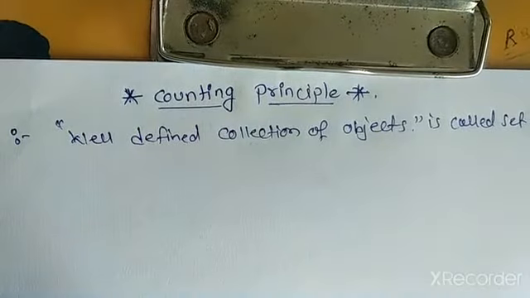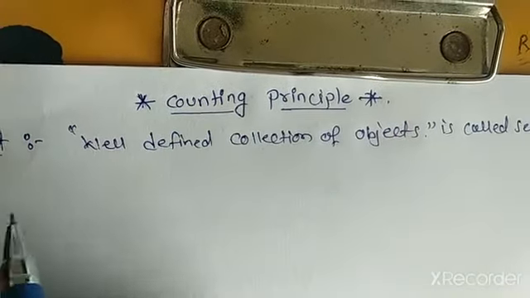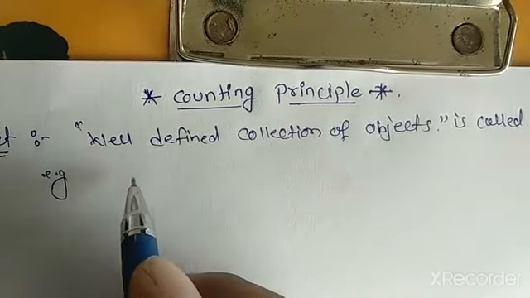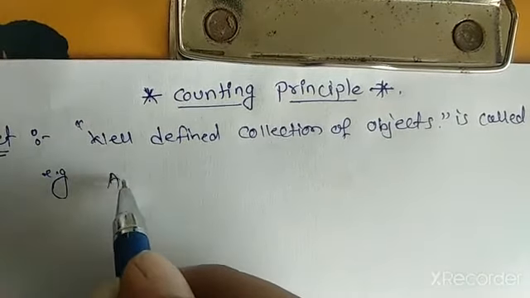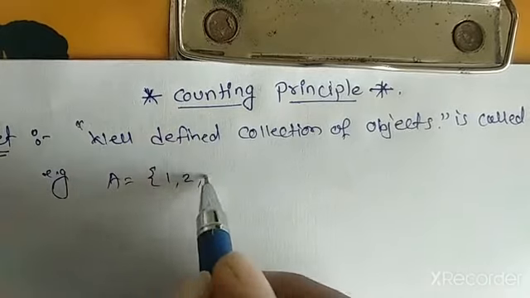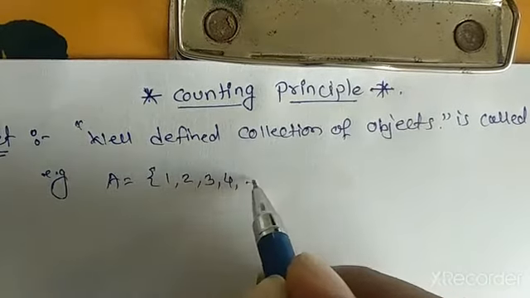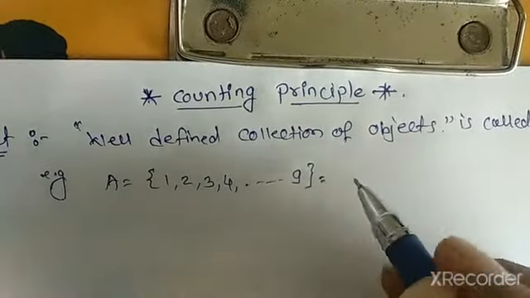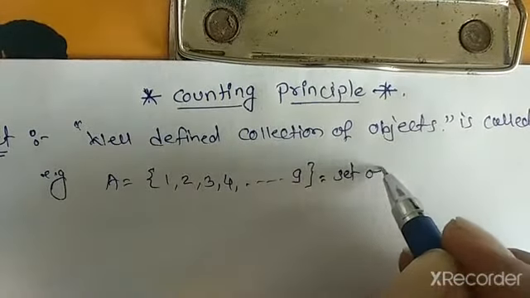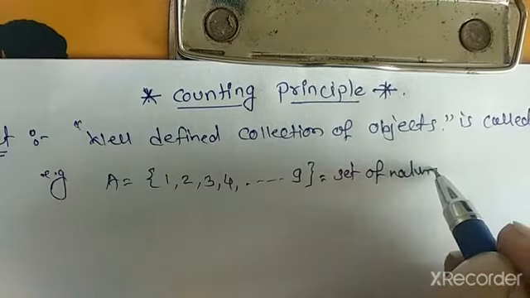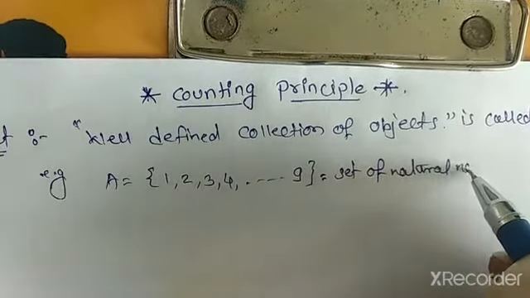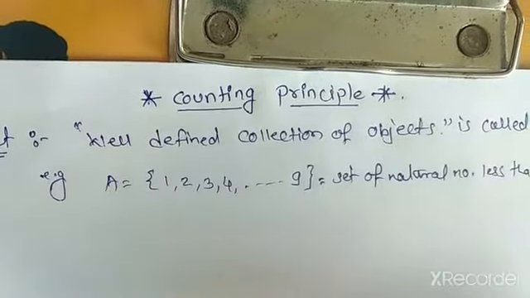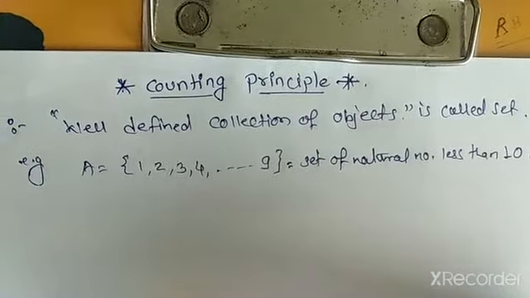For example, you may consider A equal to 1, 2, 3, 4 up to 9, or it can be written as the set of natural numbers less than 10.